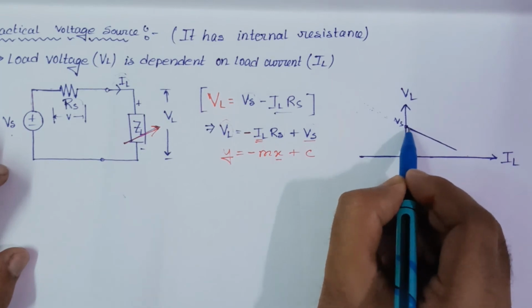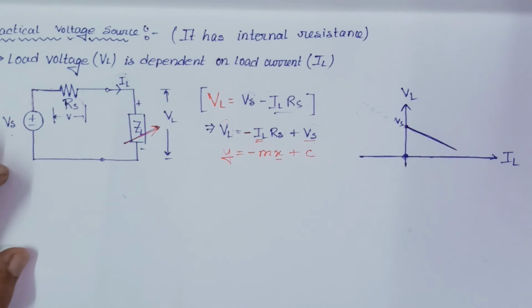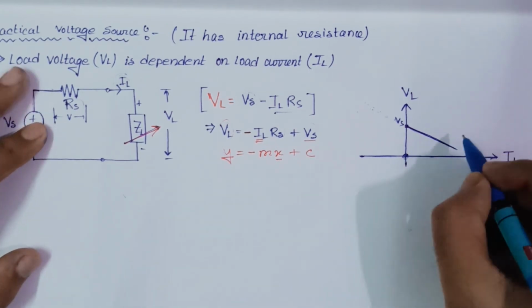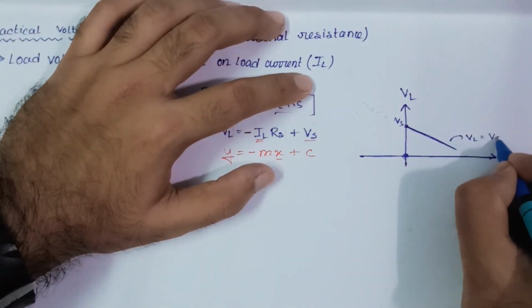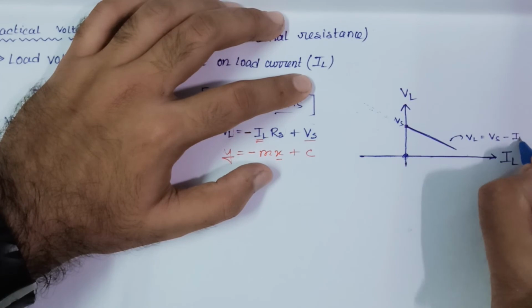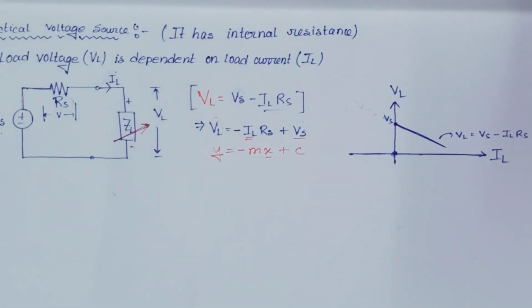This is the DC symbol. So we should not consider the negative value of current. We are considering the curve only for positive values. Clear? So this is the curve of VL, which equals Vs minus IL into Rs, right?